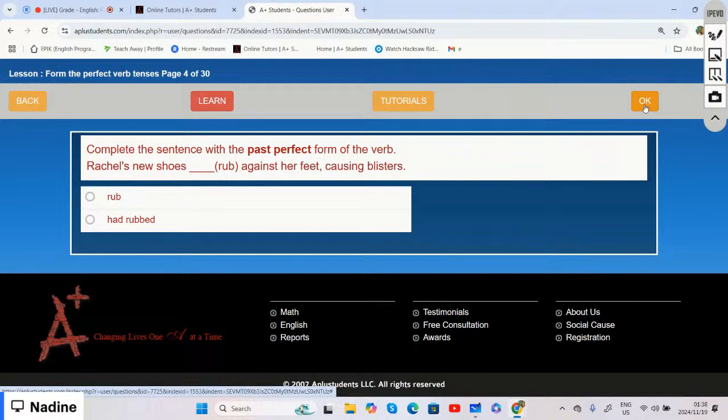So now it says we need to complete the sentence with the past perfect form of the verb. Rachel's new shoes. Do we say it rubbed against her feet, causing blisters? That's option one. Or do we say option two, Rachel's new shoes had rubbed against her feet, causing blisters?